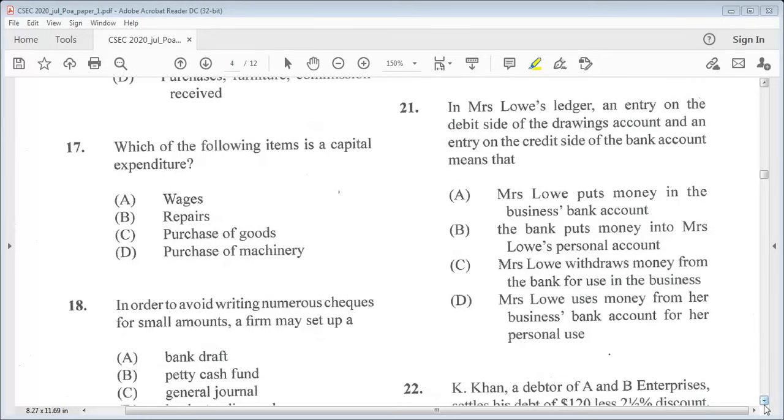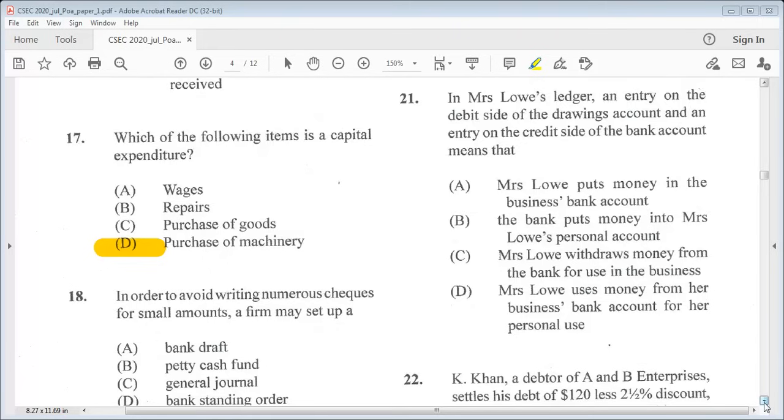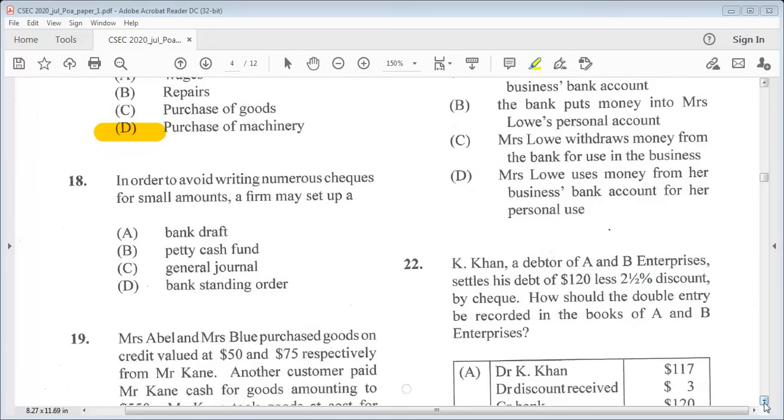We know that the purchase of machinery would be a capital expenditure. 18 says, in order to avoid writing numerous checks for small amounts, a firm may set up a, A, bank draft, B, petty cash fund, C, general journal, D, bank standing order. We know that it is B, petty cash fund. Let's go on to 19.